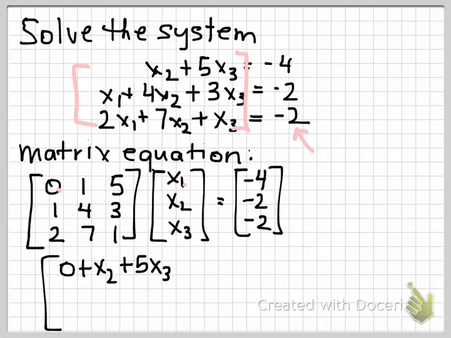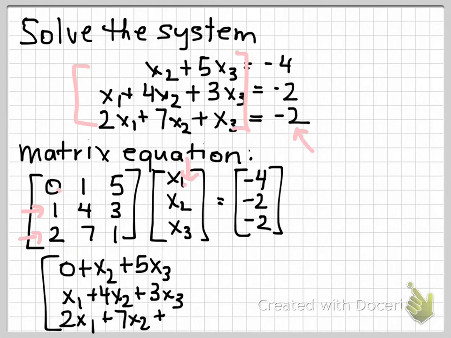And if we multiply the second row times the column here, we'll get x1 plus 4x2 plus 3x3. And the last row times the column gives us 2x1 plus 7x2 plus x3. And that's equal to -4, -2, -2.